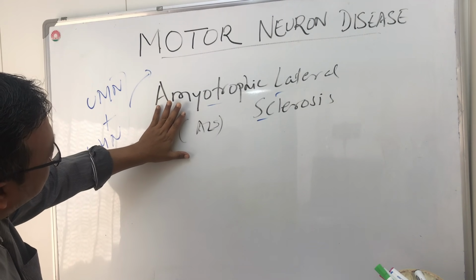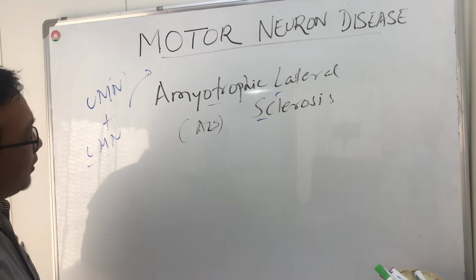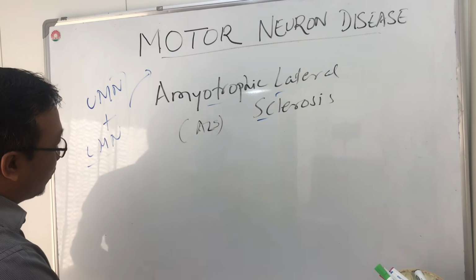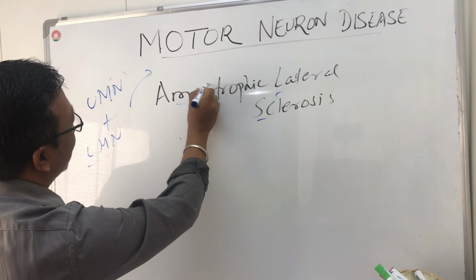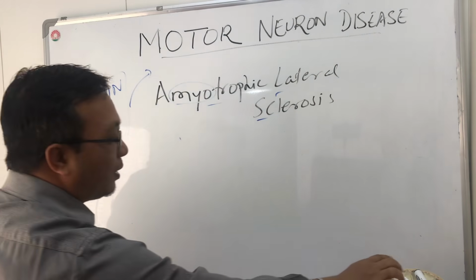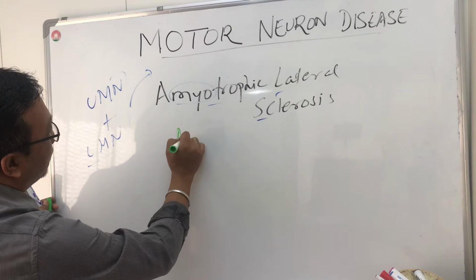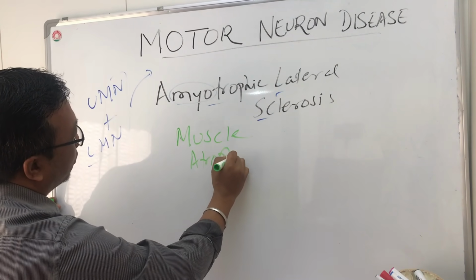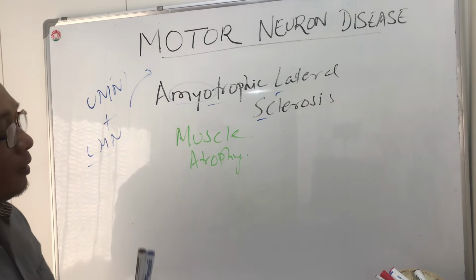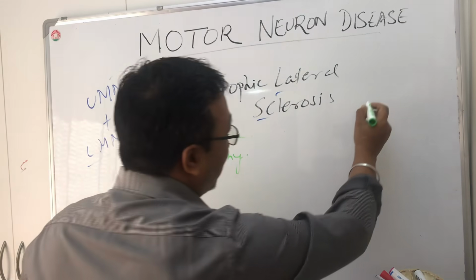Now, what is amyotrophic lateral sclerosis? As the name suggests, amyotrophic means there is muscle atrophy. Then we know the corticospinal tract.